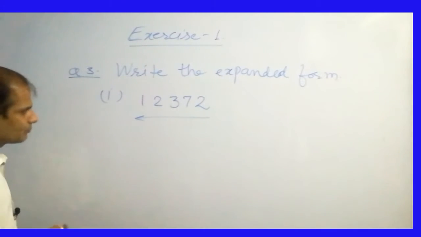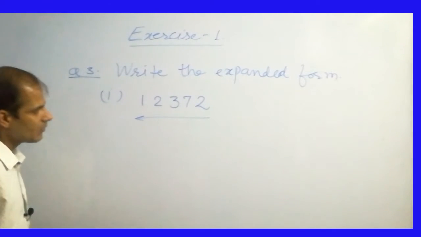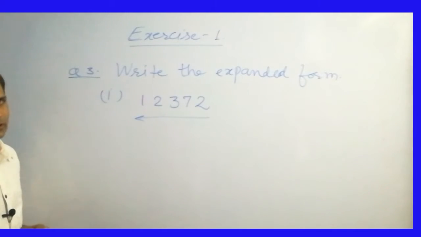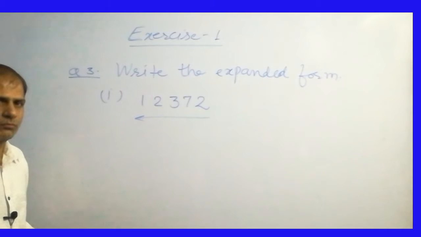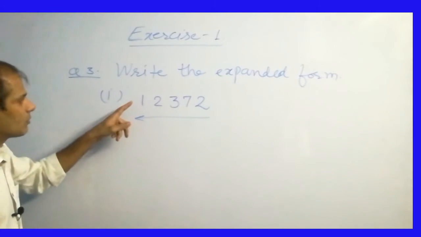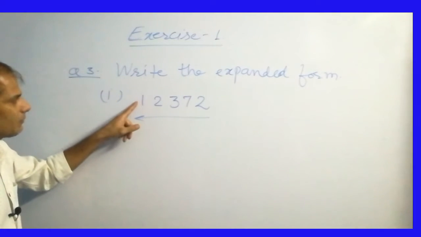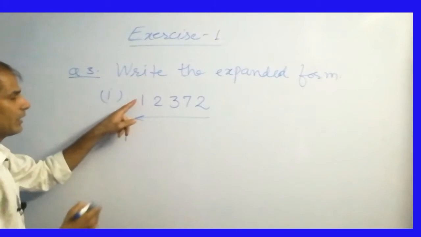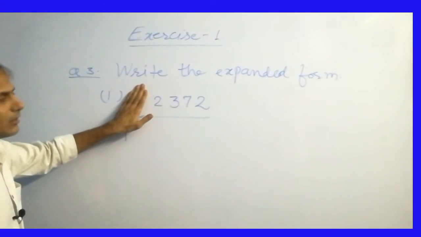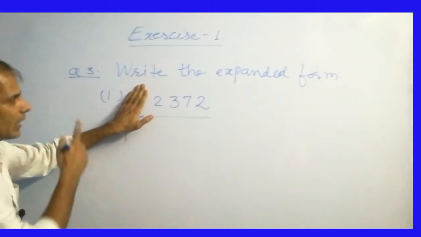Okay, so again I am going to tell you a very short method. If you want to write any number in expanded form, what you have to do, we will start from this digit. So consider the digit as 1. Now hide this digit. How many digits are remaining? There are 4 digits.